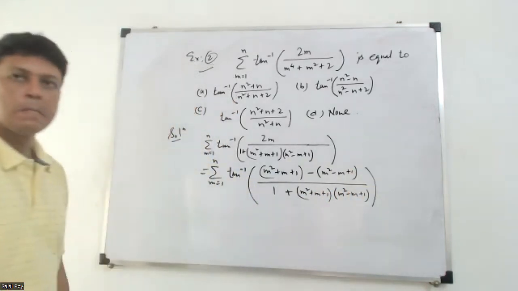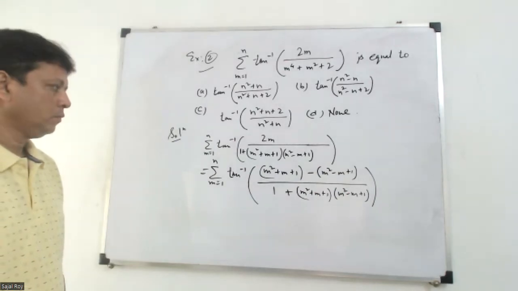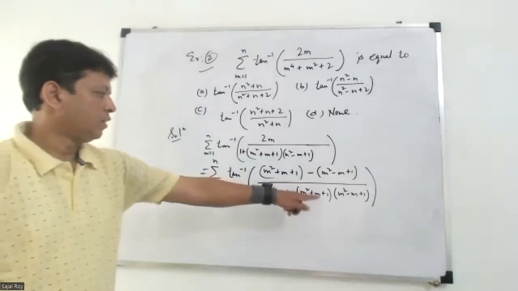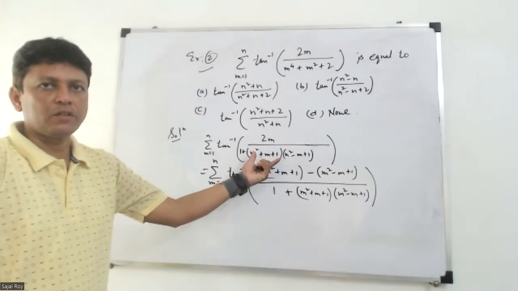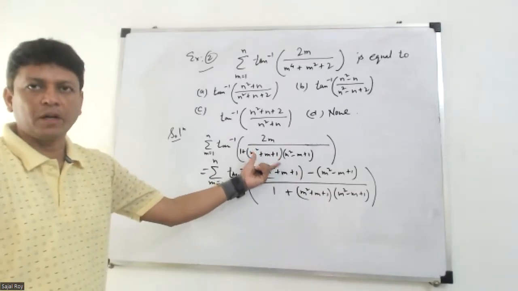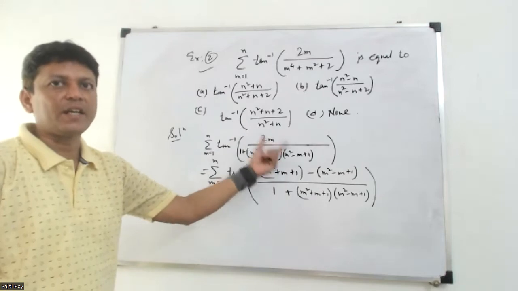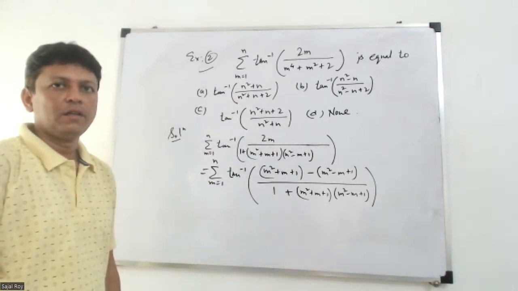Right. So you see, first you have to observe the denominator. Try to simplify the denominator. From that, you will get a hint how to write the numerator.